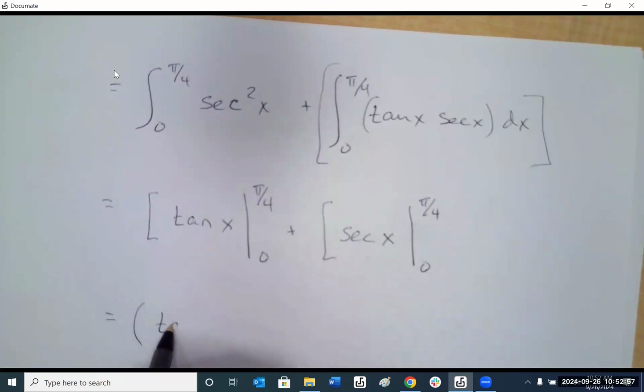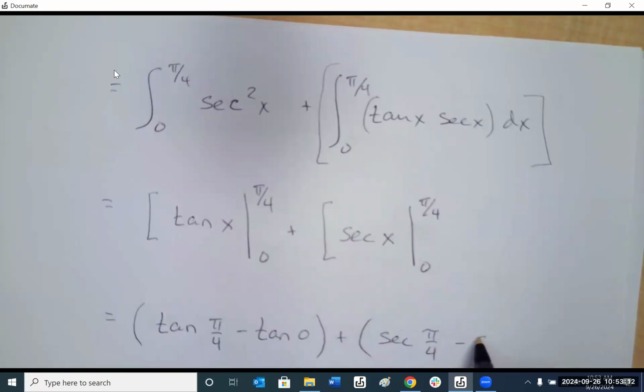So we have, in the first one, tangent pi over 4 minus tangent 0 plus secant pi over 4 minus secant 0.